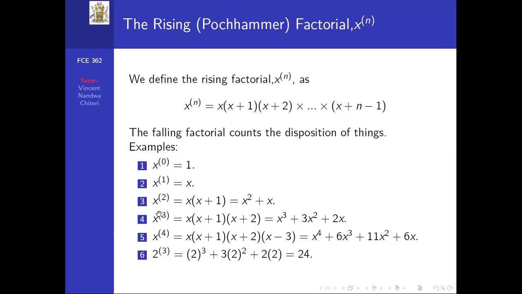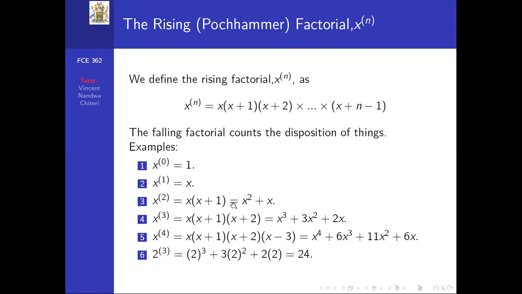When n is 3, we'll have x into x plus 1, x plus 2, we get x cubed plus 3x squared plus 2x. And when n is 4, we'll get x power 4 plus 6x cubed plus 11x squared plus 6x. So when you take x to be 2, and then n to be 3, using formula 4, we get the answer to be 24.